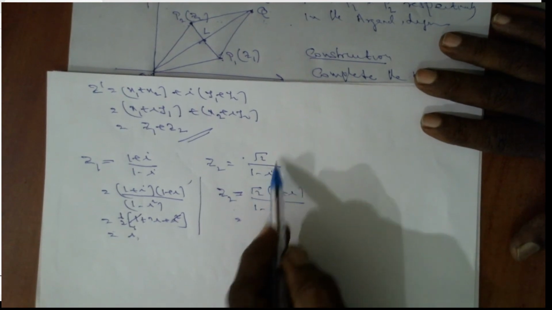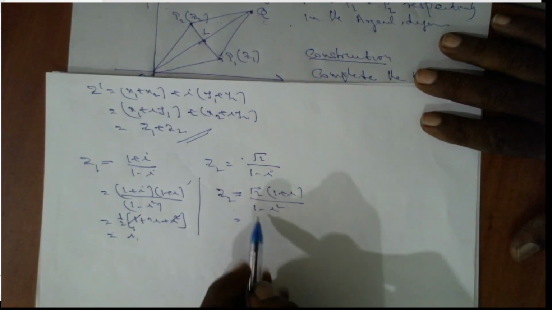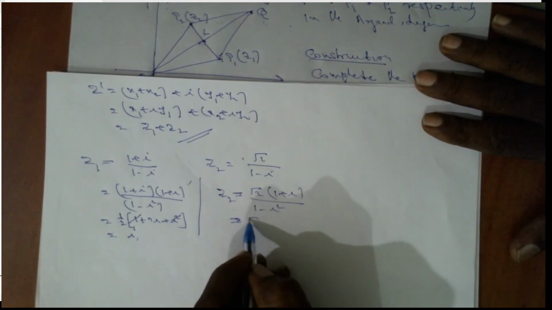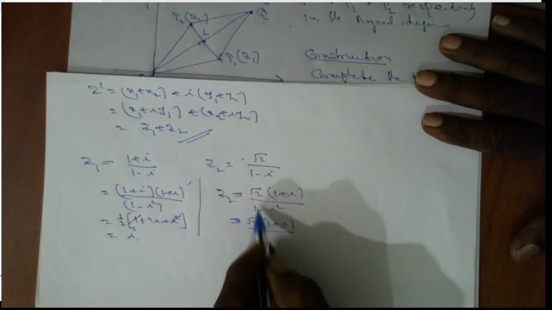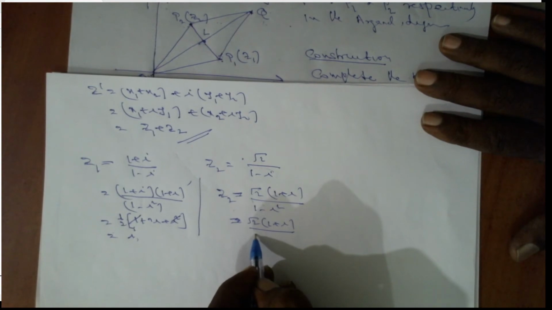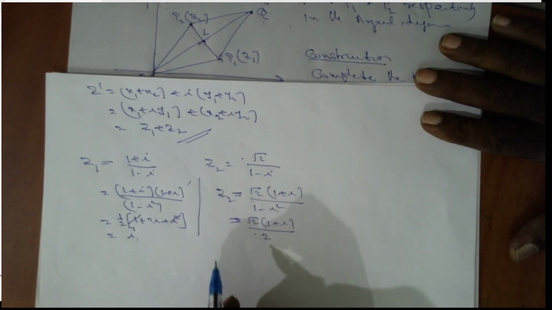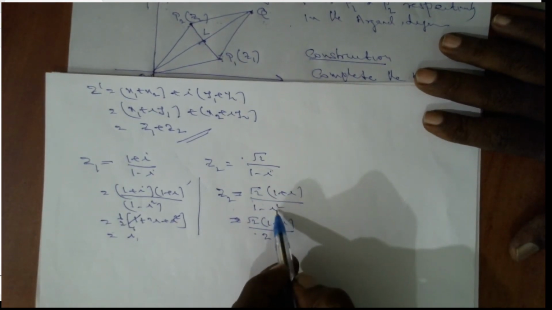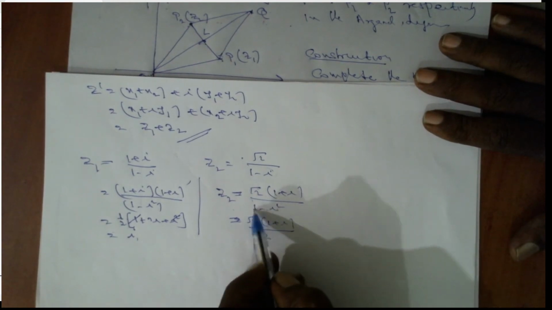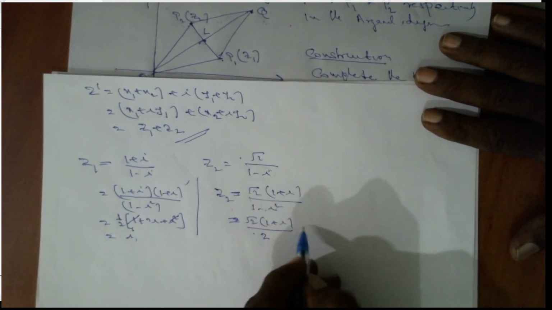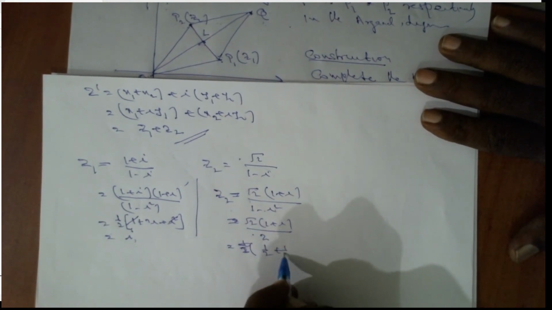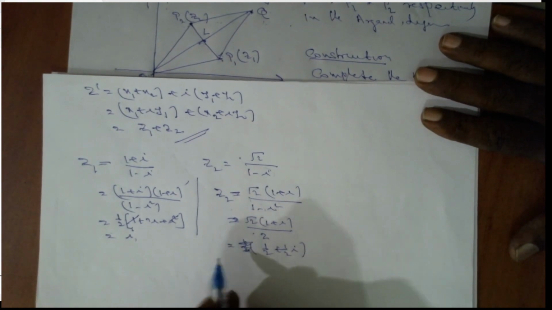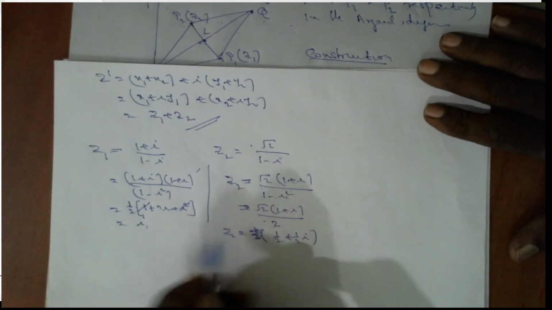By this conjugate you multiply top and bottom, then you get root 2 times (1 plus i) over 2. i squared is minus 1, and 1 minus (minus 1) equals 2. So this equals half plus half i, that is C2.